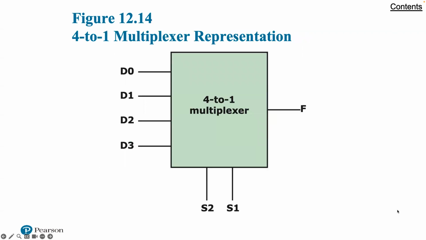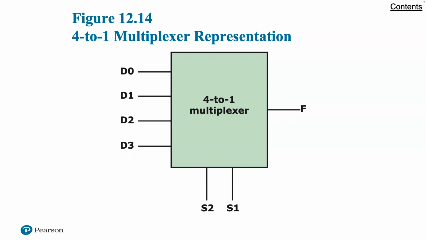All right, well, let's move on to some other types of devices. Here we have a multiplexer. The multiplexer connects multiple inputs to a single output. At any time, one of the inputs is selected to be passed to the output. A general block diagram representation is shown in figure 12.14. This represents a 4-to-1 multiplexer, or mux.